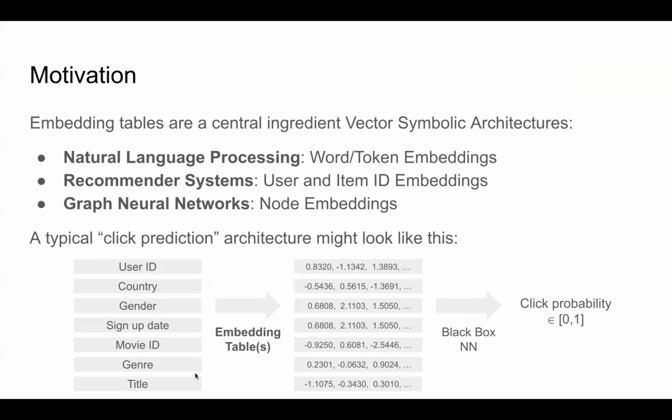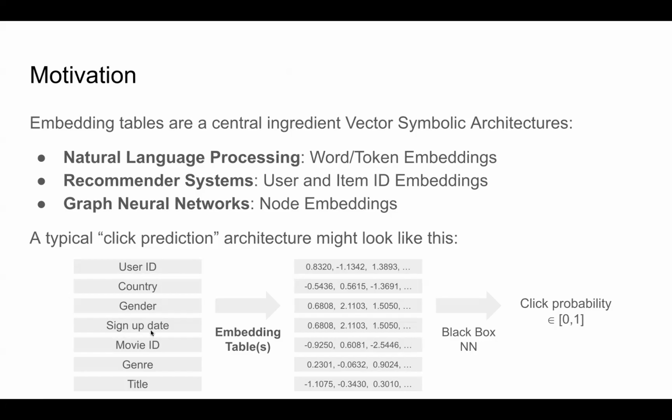If you have some typical click prediction architecture, like we used at Meta, you might have different features for IDs, which could go from 0 to 3 billion, or however many users they have now. There's one for country that probably is a smaller universe, but there are gender ones.